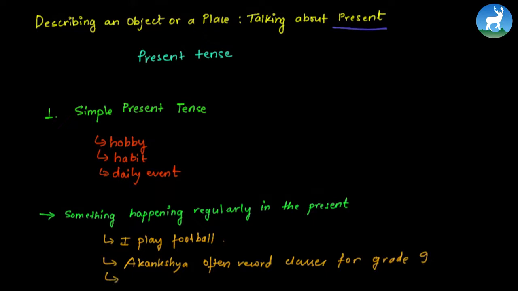One last example, we always see our mother in the kitchen. So these events are regularly happening in the present. That's why we are using the simple present tense, like play, record, see.